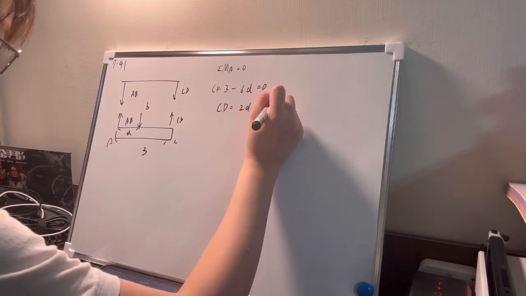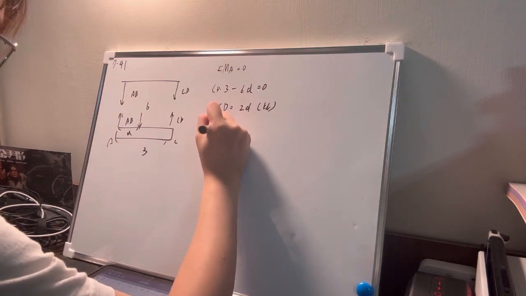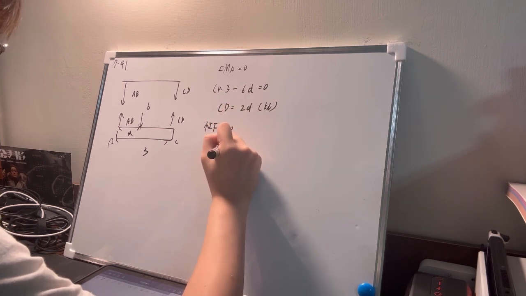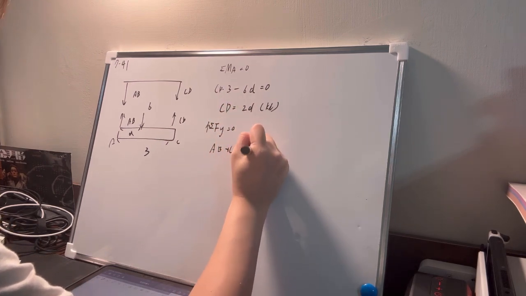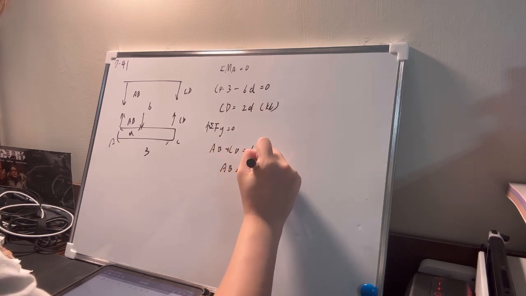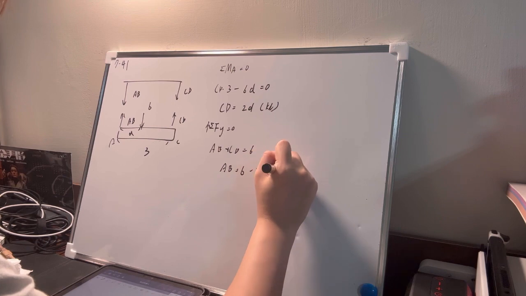And if the summation Fy is equal to 0, then AB plus CD is equal to 6, so AB here is 6 minus 2D.